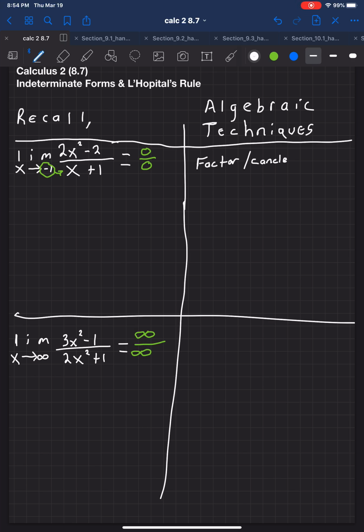We could think about this question as the limit, and then x is still approaching negative 1. Only now we can factor out the 2, leaving us with x squared minus 1, which is just x plus 1 times x minus 1. The denominator is fully factored, so that leaves us here.